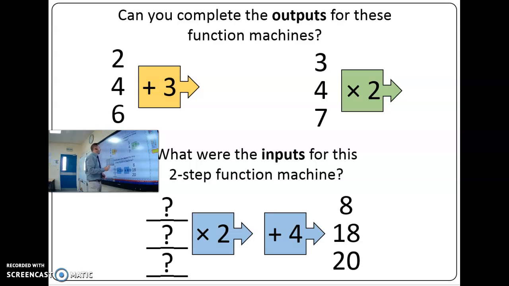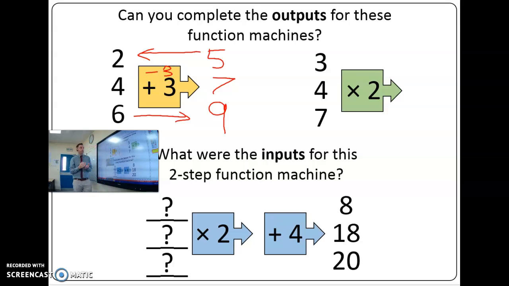Let's look at the top ones. When I have 2 plus 3, I get 5. When I have 4 plus 3, I get 7. 6 plus 3 is 9. If to get from the input to the output I add 3, how do I get from the output back to the input? Well, I do the inverse, the opposite. So I subtract 3 to go backwards.